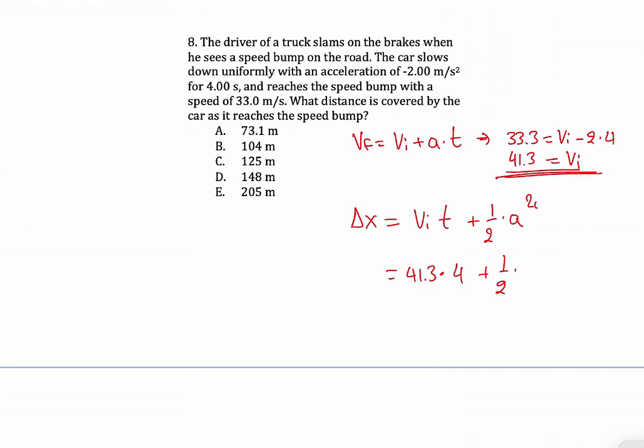I wrote the law wrong, or actually the iPad didn't catch my writing. The acceleration, we said that it is -2, and the time is 4 to the power of 2. Now we need a calculator probably. 41.3 times 4 minus 16. So the result is 149 meters.